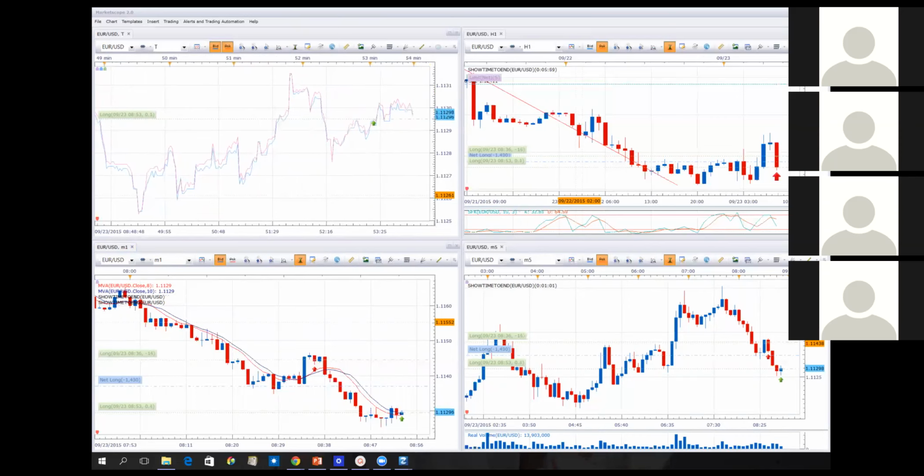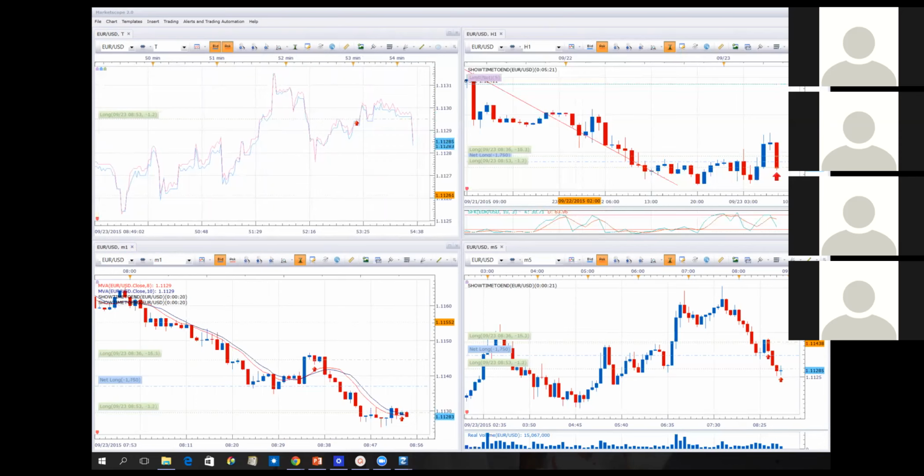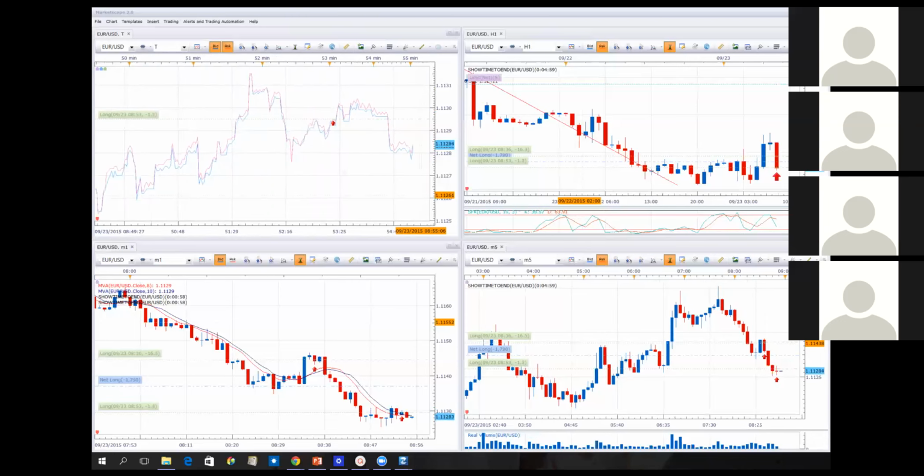To answer your question right there, it's just like the short-term trend. And that's the beauty about trading. One is bullish, one is bearish.